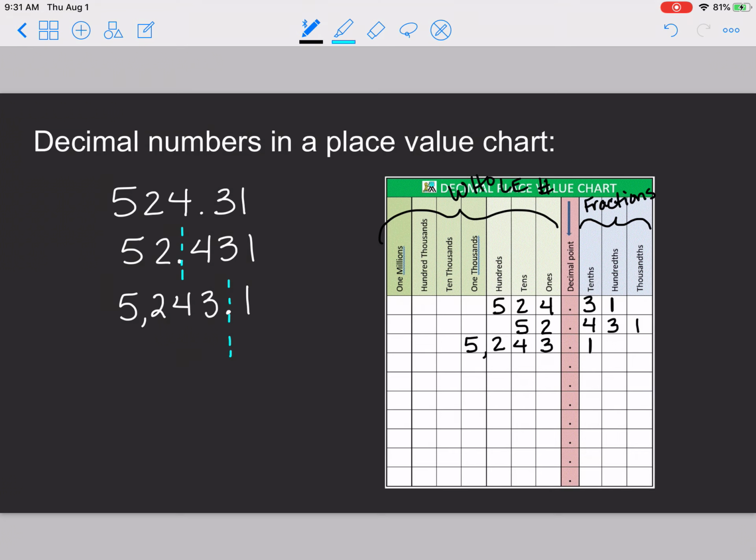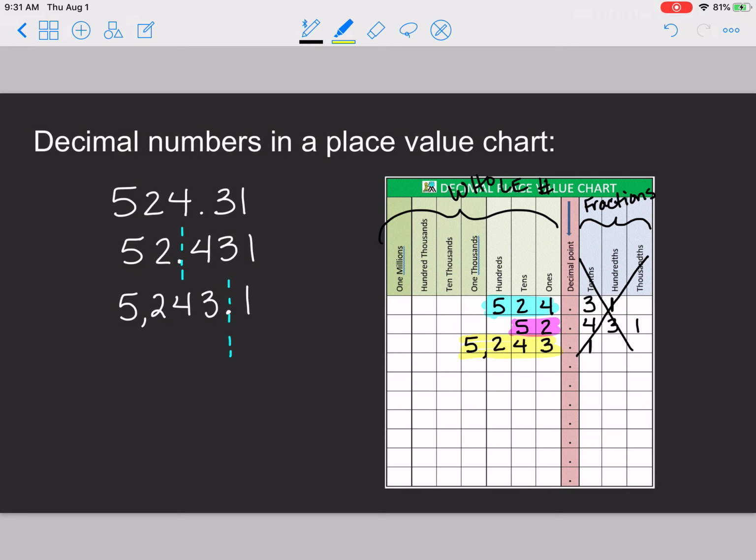So if I'm comparing these numbers, I don't even have to look at the decimal side of my number, because what I can see is that I have 524, I have 52, and I have 5,243.